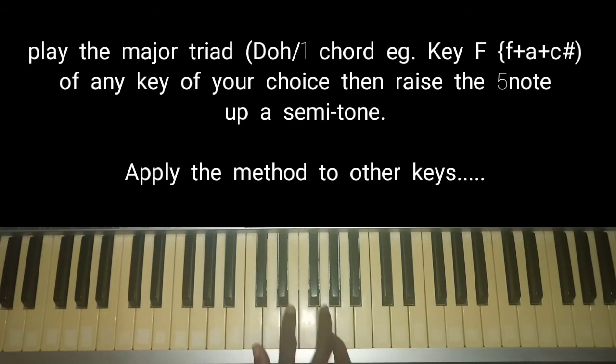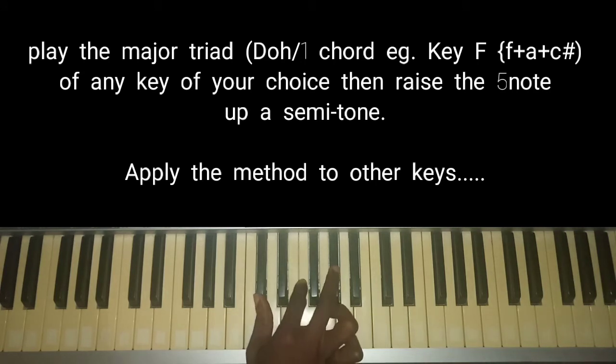So in all keys, in this key C, you just play the major triad, that is Do, Mi, So, or 1, 3, 5. That's 1, 2, 3, 4, 5. Then you just raise the fifth higher. That is the augmented chord. When you go to C sharp, you just raise the fifth up a half step. This is the augmented chord.